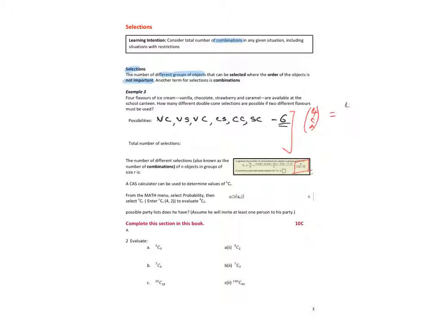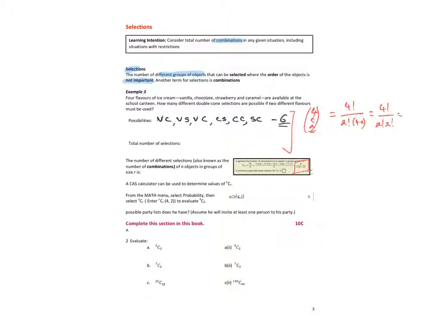And the little formula there that you can see is this one here. That's equal to 4 factorial over 2 factorial, which is that 2 there. And then we work out the difference between 4 and 2, which also happens to be 2 factorial. So 4 factorial over 2 factorial times 2 factorial.